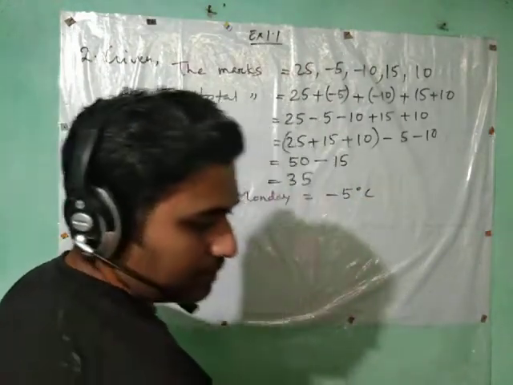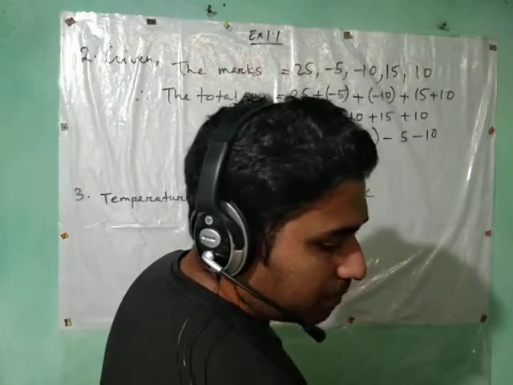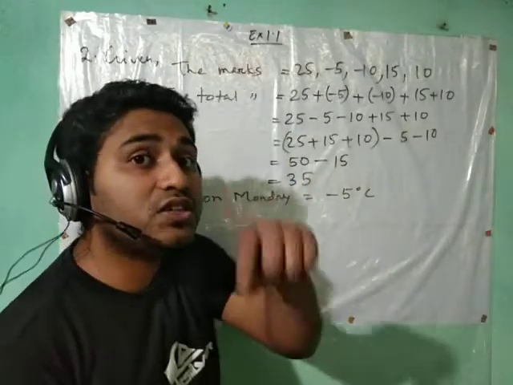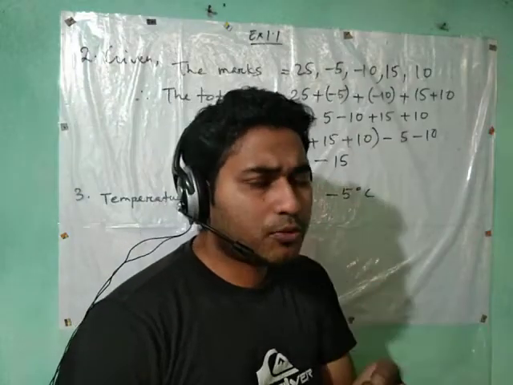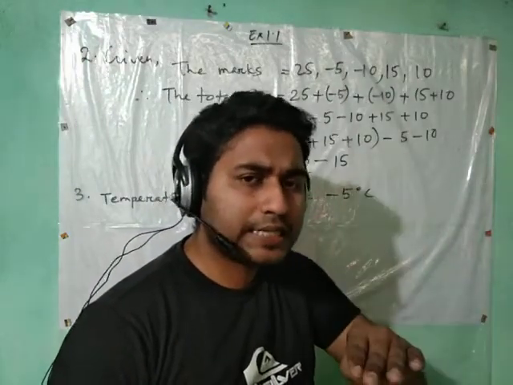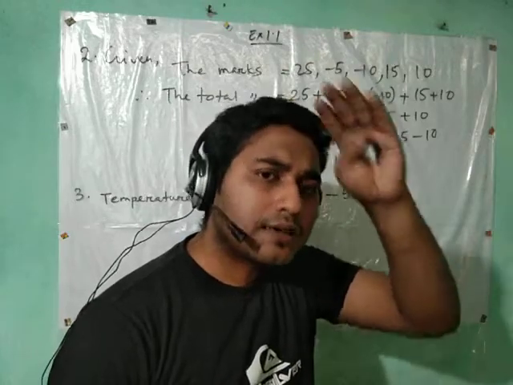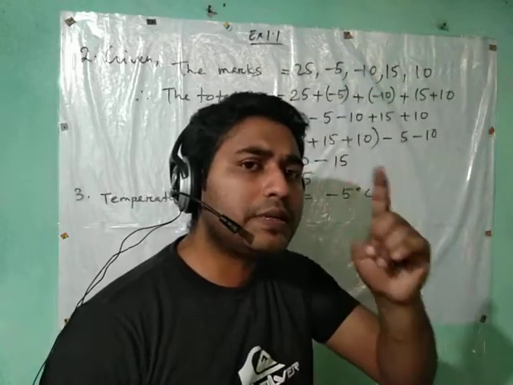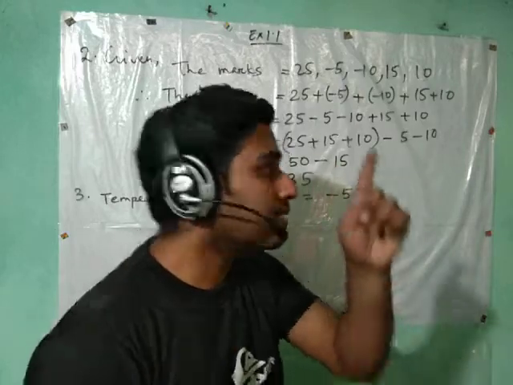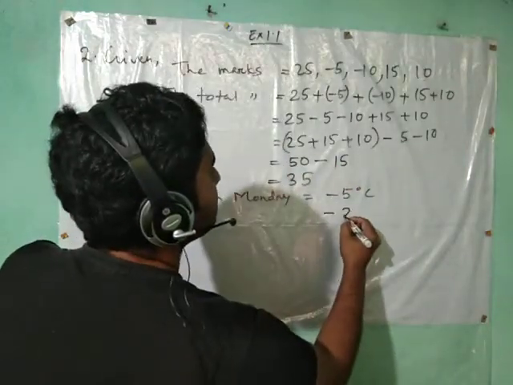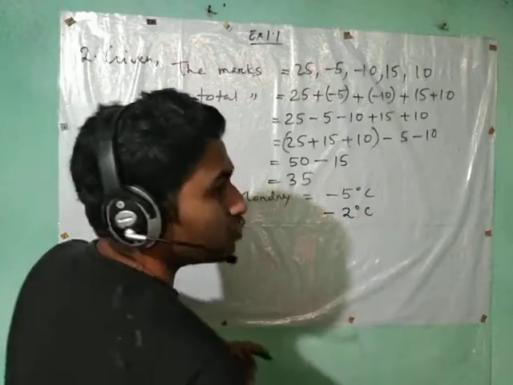Yes. After that, what happened? Then it dropped by 2 degree centigrade on Tuesday. On Tuesday there was a drop of 2 degree centigrade. Drop means falling down. Falling down will be represented by which sign? It will be minus. That means minus 2 degree centigrade.